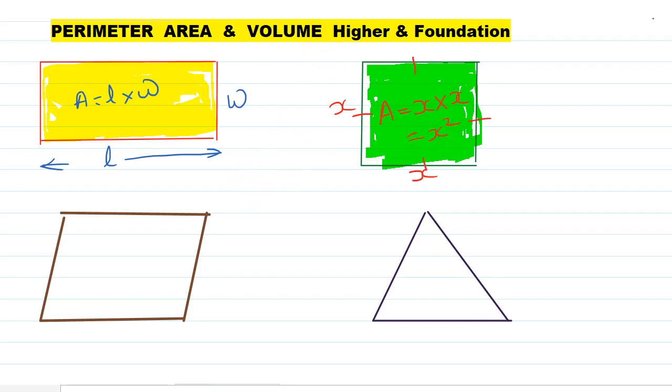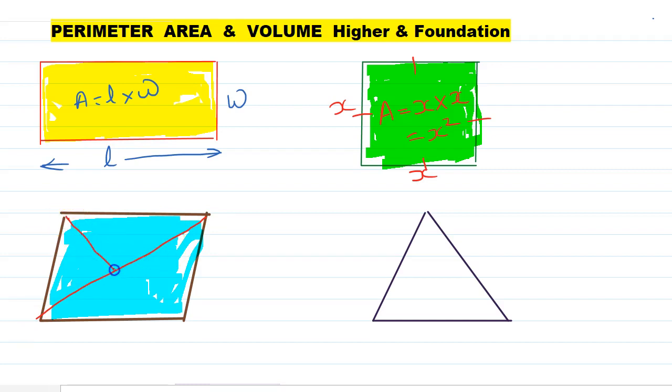Now this is a parallelogram. So in a parallelogram, what will be the area? If we divide it from diagonal to diagonal, it has divided into 2 triangles.